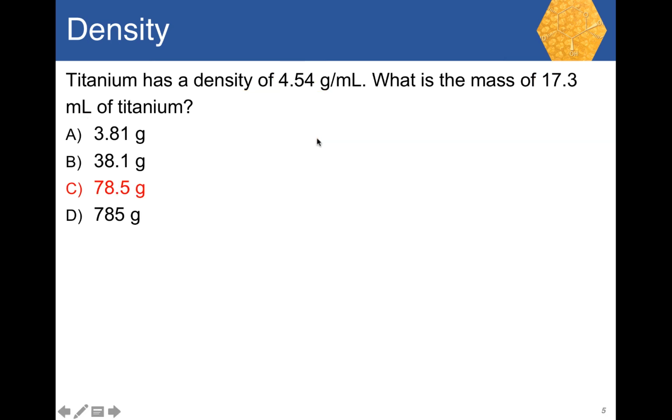So after you've done the calculations, what you will see here is that as the answer. Notice that it's reported to 1 decimal place. Why? Because the least precise number in that calculation is reported to 1 decimal place.